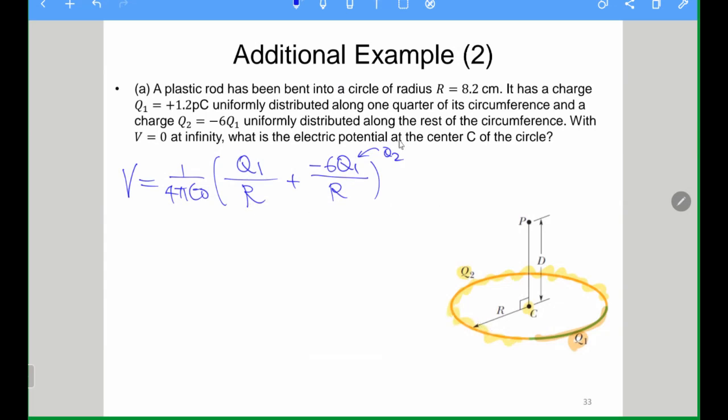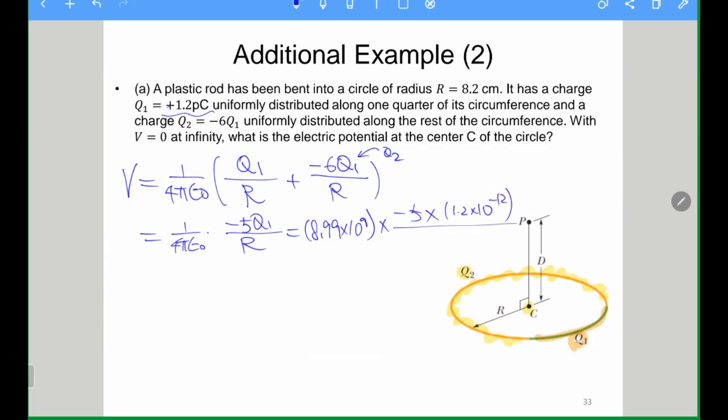So it is nothing but this, and then finally it becomes 1 over 4 pi epsilon naught times negative 5 Q1 over r. So it is 8.99 times 10 to the ninth power, times negative 5 times Q1. Q1 is here, 1.2 times 10 to the minus pico. Pico is 12.